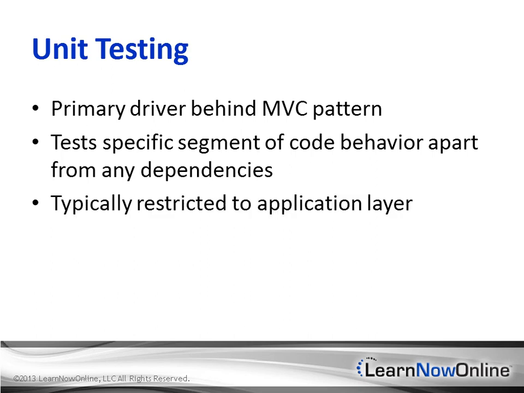A unit test is also usually restricted to a specific application layer. So if I'm writing a unit test and I'm testing a controller, then I don't want that unit test to reach into the services layer or the repository layer or data access or anything like that. I want the unit test to stay at the level of the controller. So generally speaking, your unit tests are typically restricted to the layer that you're in.